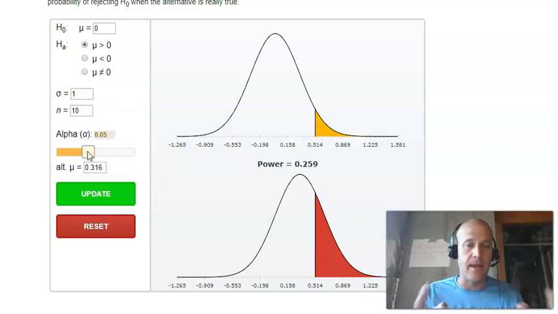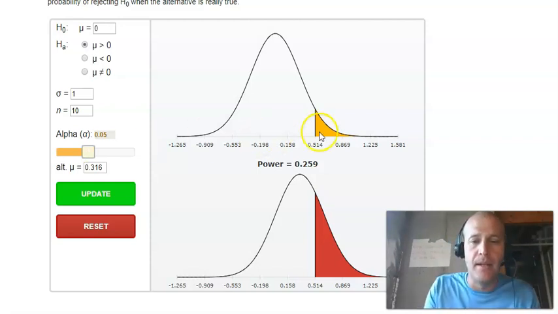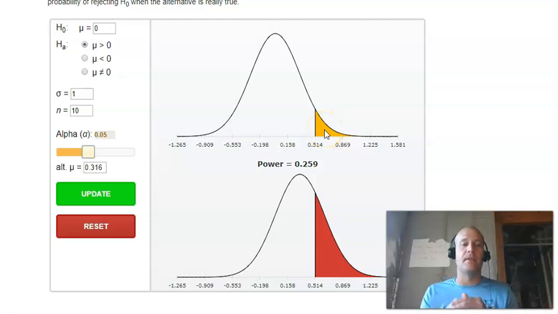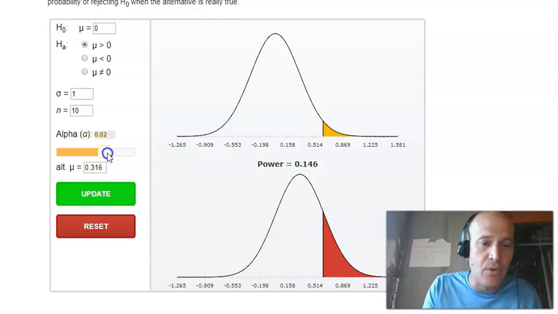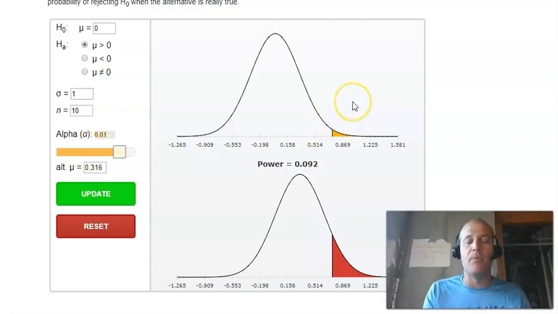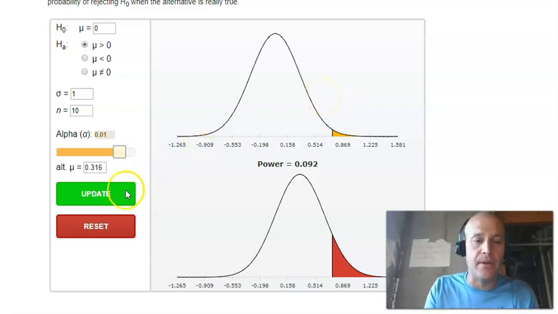That's an advantage. So this orange region represents the probability of a type 1 error. And if I reduce that to a 1%, then my probability of a type 1 error decreases. So I'm just less likely to make a type 1 error.